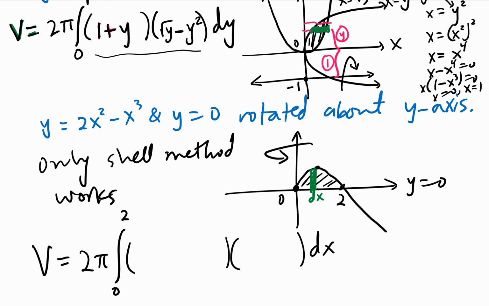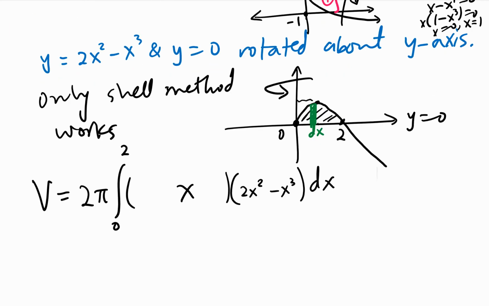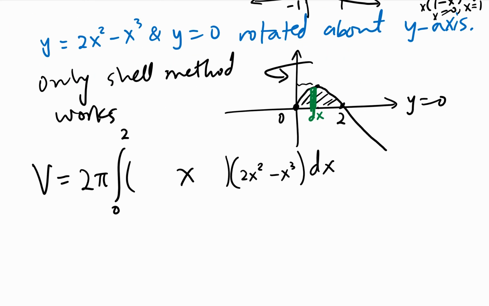The length of the rectangle is just the graph itself, minus 0. The distance from here to here is simply x. There's nothing to write there. And we assume everyone can complete this. You are welcome to integrate this right now and share the answers.